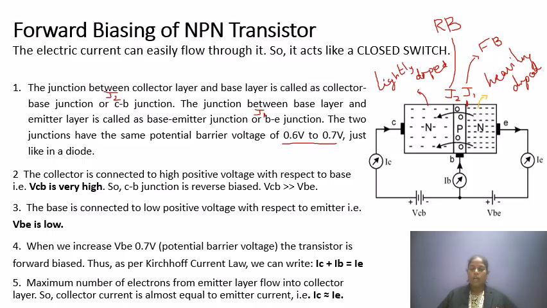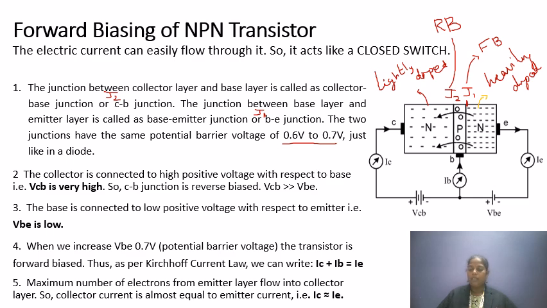Now, how do we apply the voltage? That is very important. See this diagram. Here we have more voltage than this one, right? The collector is connected to a high positive voltage with respect to the base, so VCB is very high.